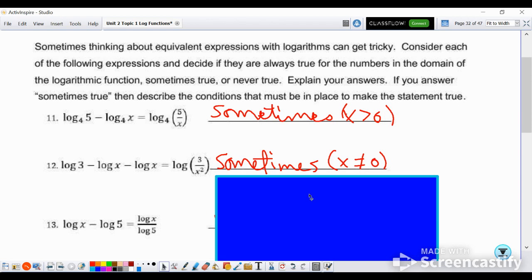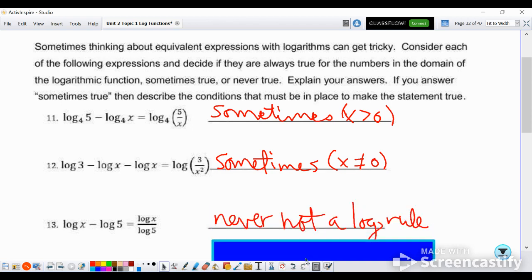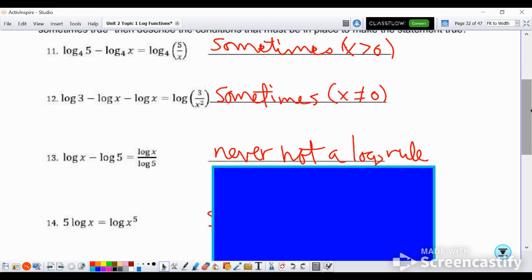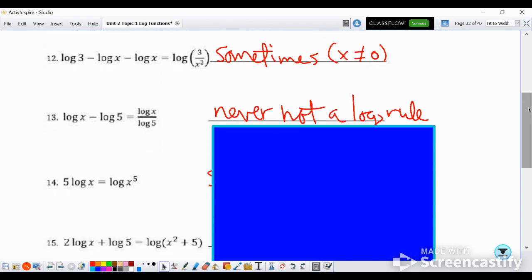Pause and try 13. 13 is never true because that's not a log rule. Subtraction does not contract into a log over a log. Something like that looks like a change of base rule for log, which you haven't learned yet. We should probably be learning that tomorrow.